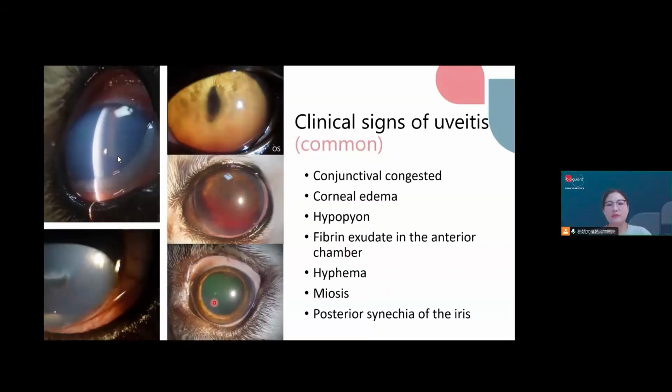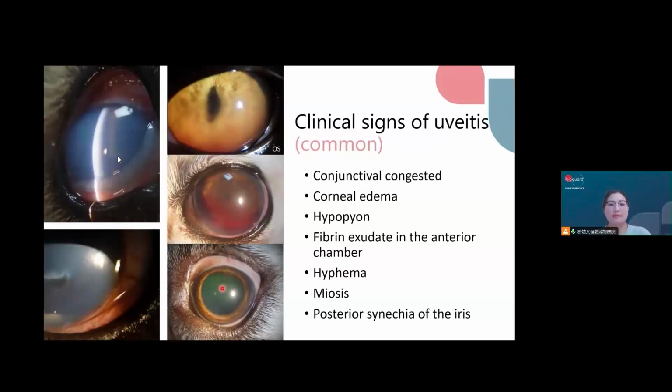And you may see posterior synechia of the iris. In this picture, the pupil was dilated to show you the position of the posterior synechia here. The iris adhered to the anterior capsule of the lens.